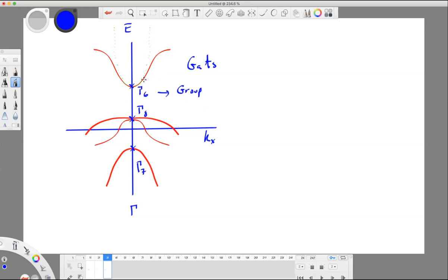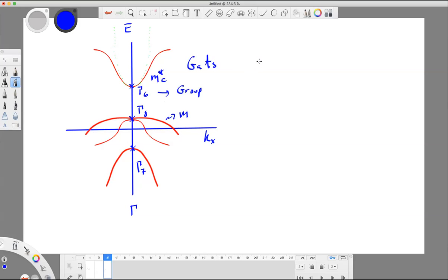Then you know the curvature, and we saw this at the beginning of the course and then basically forgot about it: this is related to the effective mass of the conduction band. Then here we're going to have a low curvature, which is related to a heavy mass.